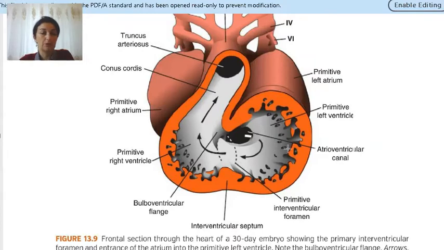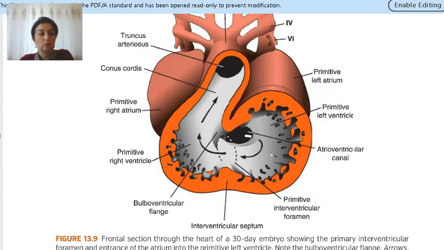Initially this is just one ventricle, and at the bulbus cordis we have the ridge, the bulboventricular ridge, and inside of it we have the interventricular foramen.